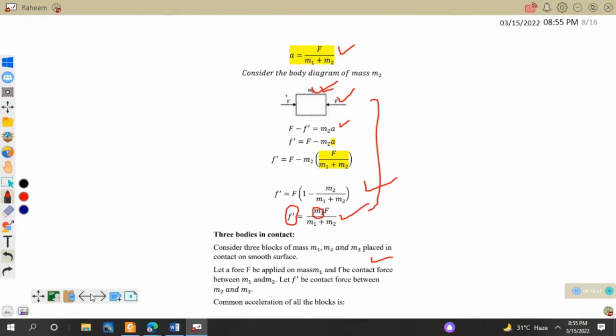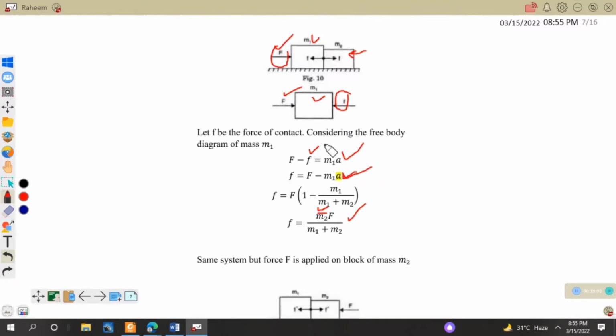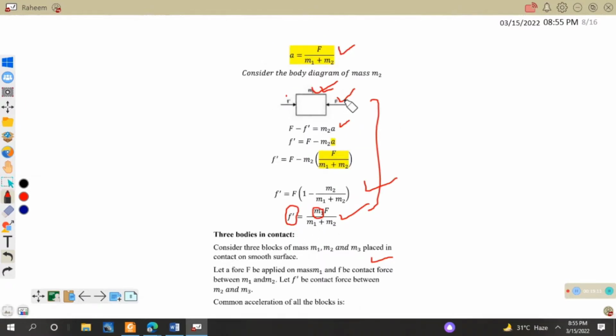Similarly, when we applied the force on m1, in the expression for contact force we have m2 at the top. And if we apply this force on m2, in the expression of contact force we will be left with m1.